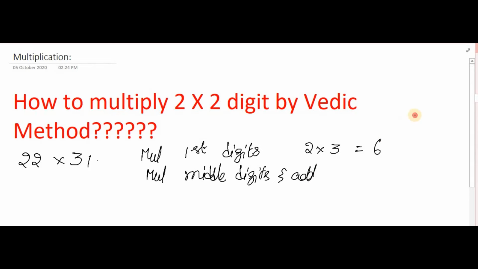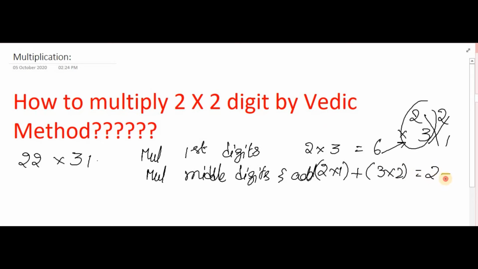So when you come 22 into 31, this multiplication is completed for the first step, and now you are going to do this cross and add this. 2 into 1 plus 3 into 2, that is 2 plus 6, that is 8.